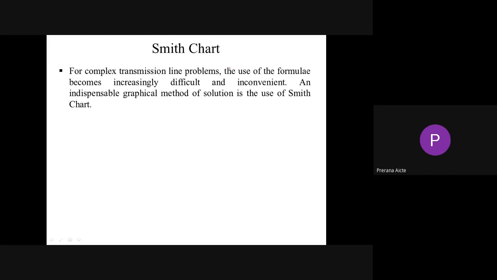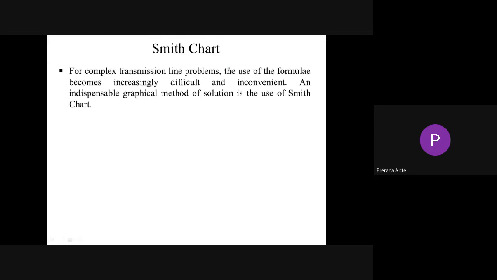So for complex transmission line problems, the use of formulae becomes increasingly difficult and inconvenient. An indispensable graphical method of solution is the use of the Smith chart.